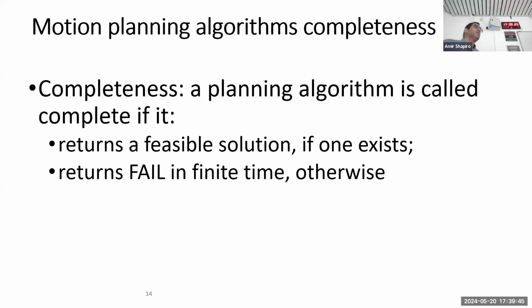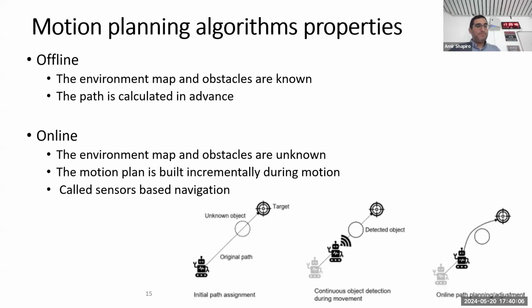So it does not look for a path over and over again and never stop. It stops in a finite time and says there is no solution if there is no solution. So it either finds the solution or stops and says there is no solution. This is the completeness.